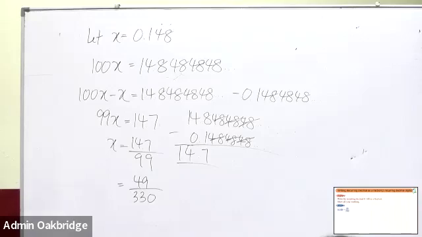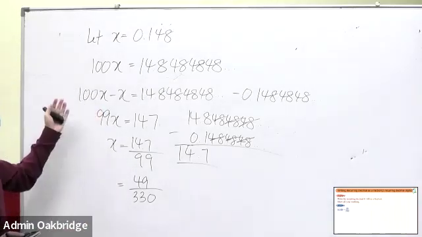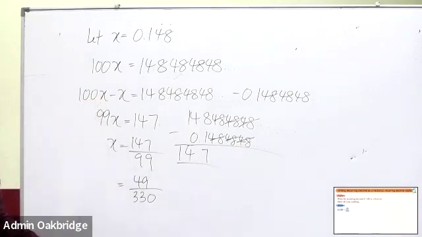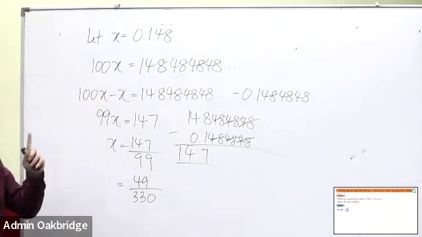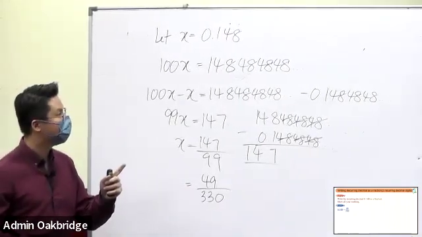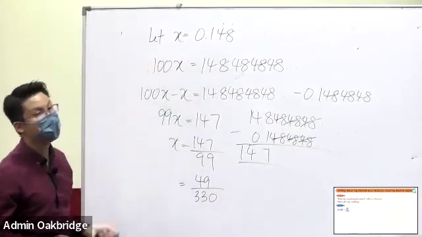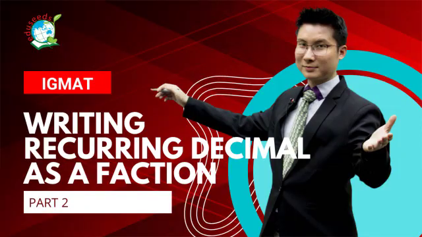Okay, it's correct. So now all of you know how to convert a recurring decimal to a fraction. When you see one recurring decimal digit, times 10 and then minus x. If two recurring decimal digits, times 100 and then minus x. Okay, it always works in that way.